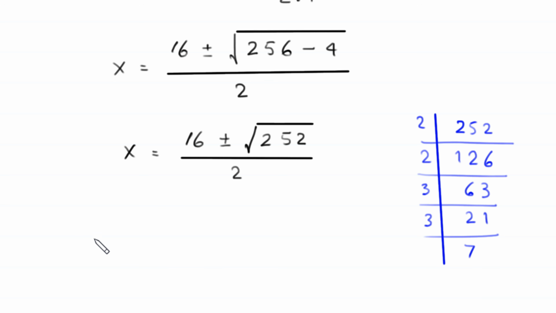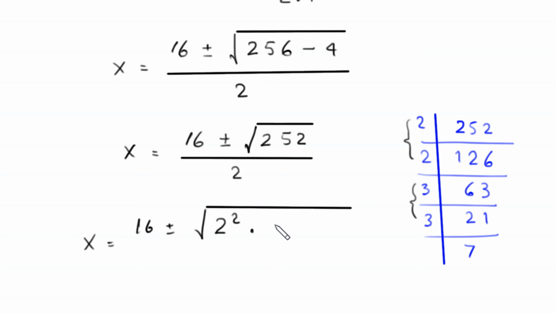So this will become x is equal to 16 plus or minus the square root of 2 squared times 3 squared times 7, divided by 2.